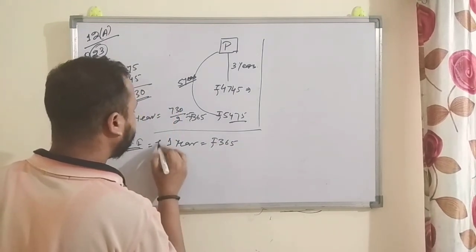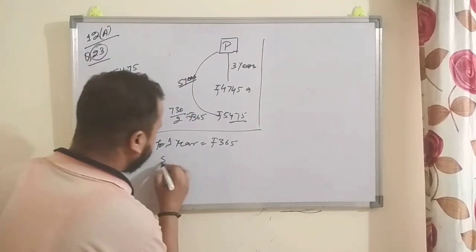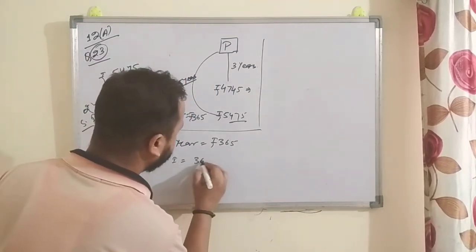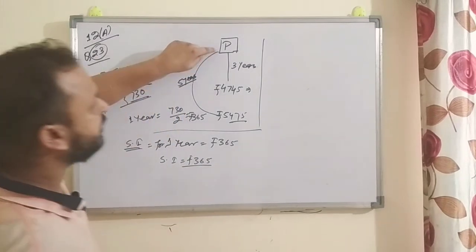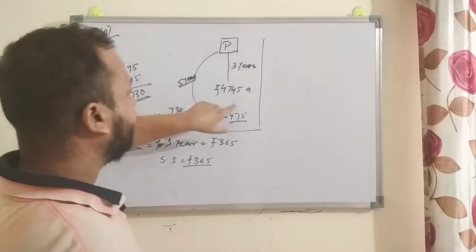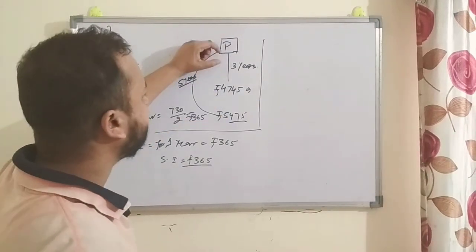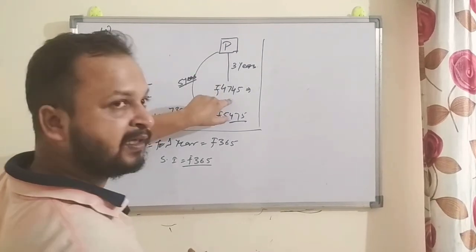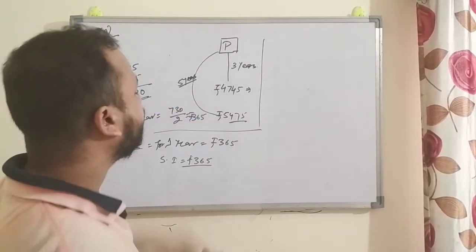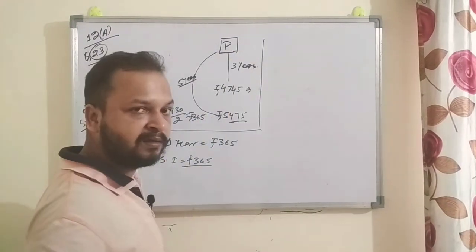So simple interest for 1 year is 365 rupees. So here SI is given, right? When you lend this much principal, after 3 years you are getting this much amount, right? So this is principal plus 3 years of interest. So if you subtract 3 years of interest from here, you will get the principal, right?